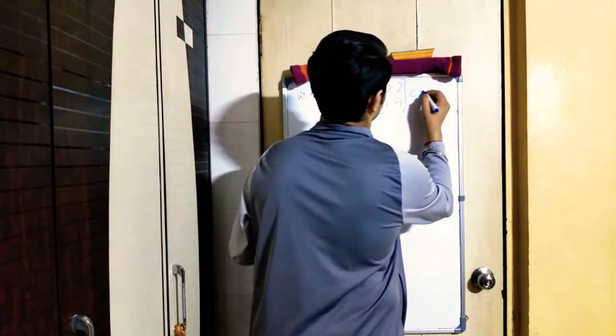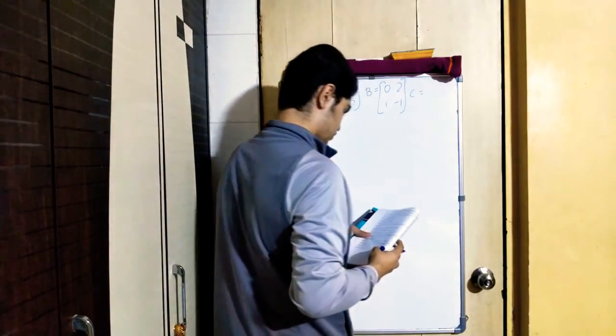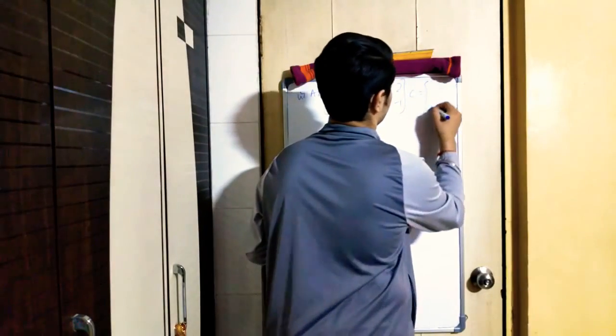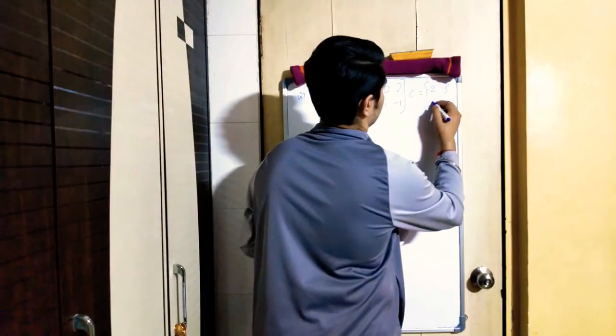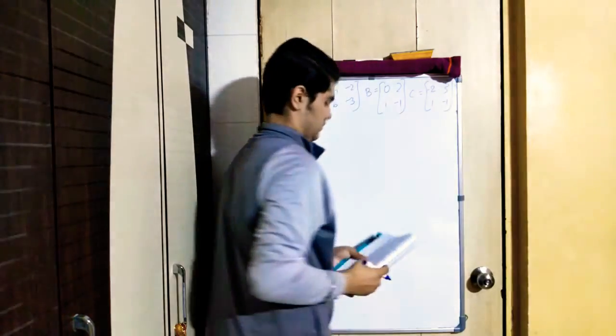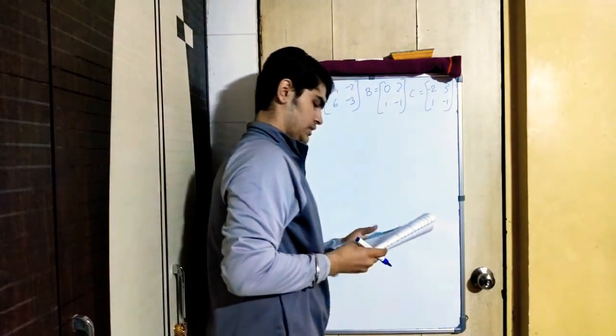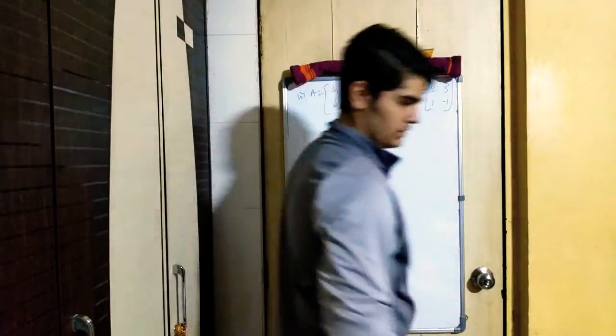C is equal to [-2, 3; 1, -1]. The condition is given as A squared minus A plus BC.